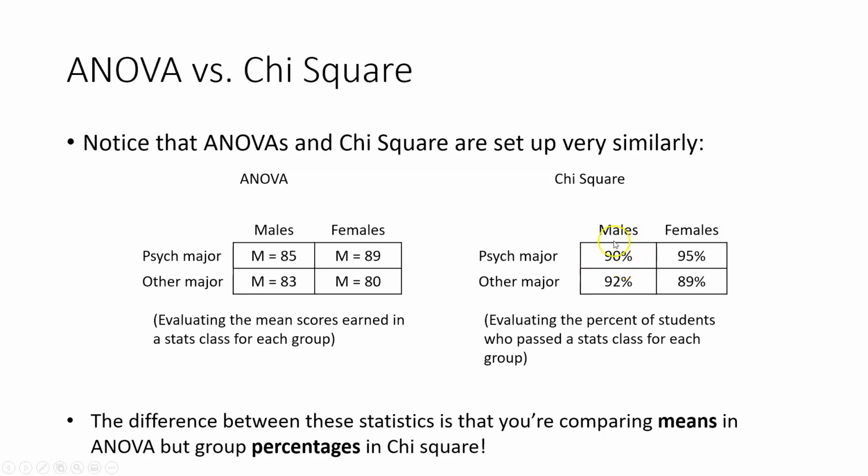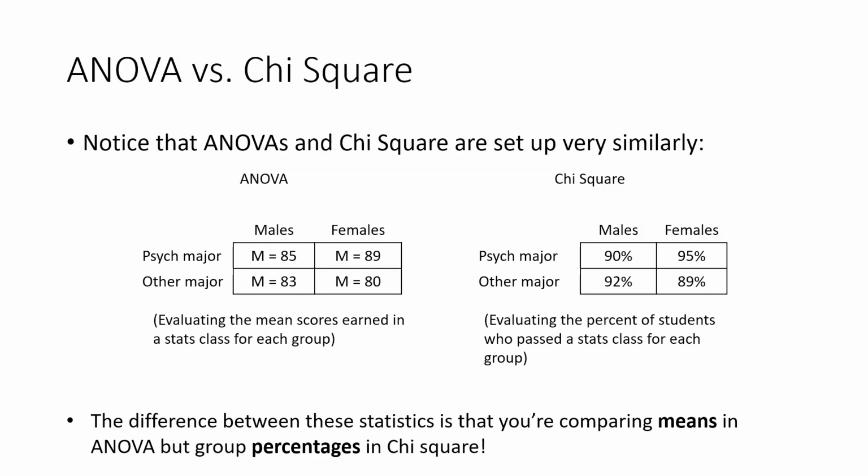So whenever you're using a chi-square, what you're doing is you are calculating the percentage of people who did this thing, not measured on an interval ratio scale, but rather on a categorical scale.